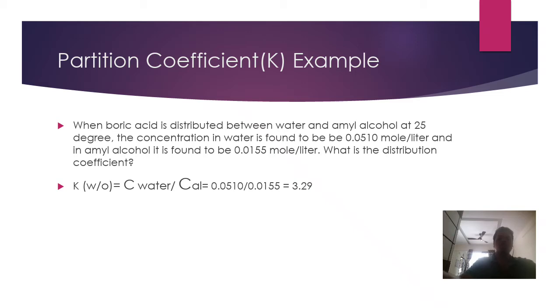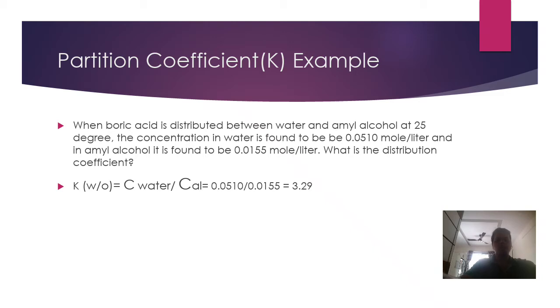In the previous slide we discussed that in order to determine the partition coefficient, we have to take the ratio of the concentration in water to that in the amyl alcohol.